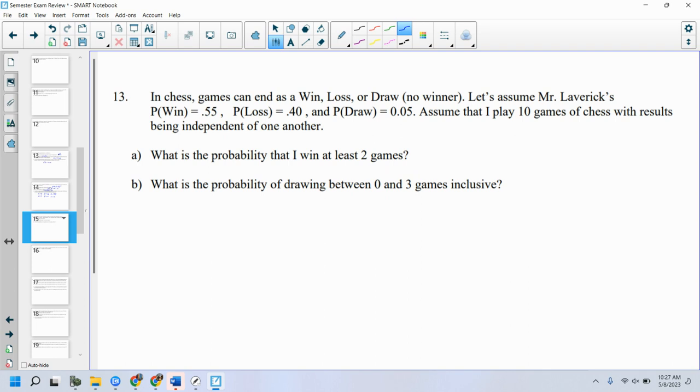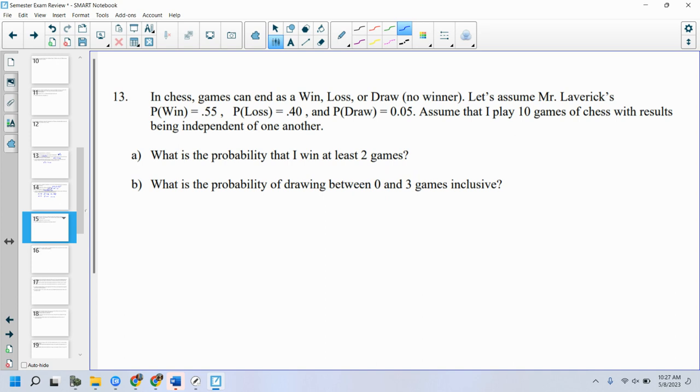Now, do I want to go in and find probability of 2 plus probability of 3 plus probability of 4 plus probability of 5 plus probability? I don't want to do that. So I'm going to do the complement. What's the complement of winning at least 2? 1 or less, right?